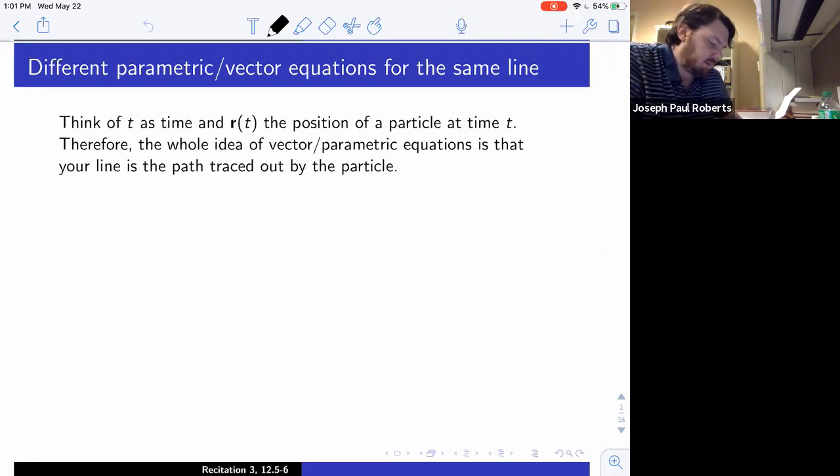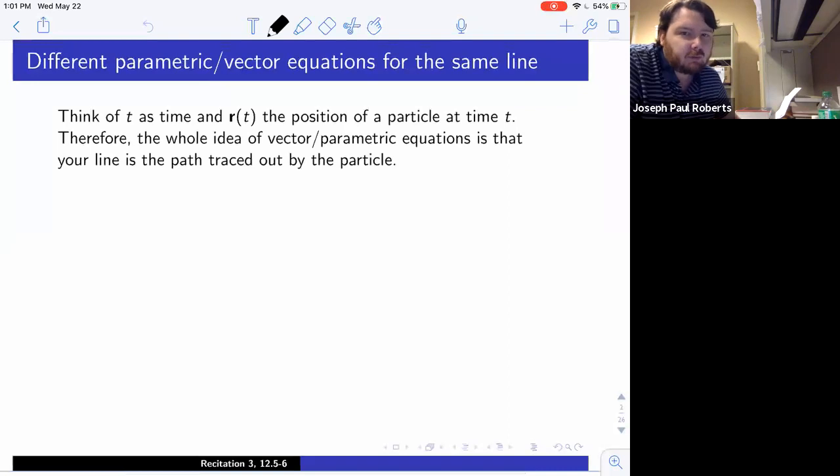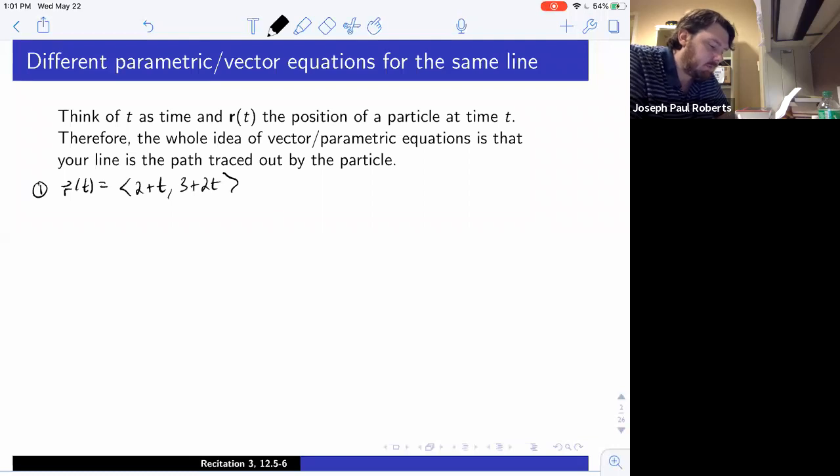As a concrete example, we could look in the xy plane just for fun. We could have r of t is 2 plus t, 3 plus 2t. I could have, let's say, r of t is 3 minus t, 5 minus 2t.